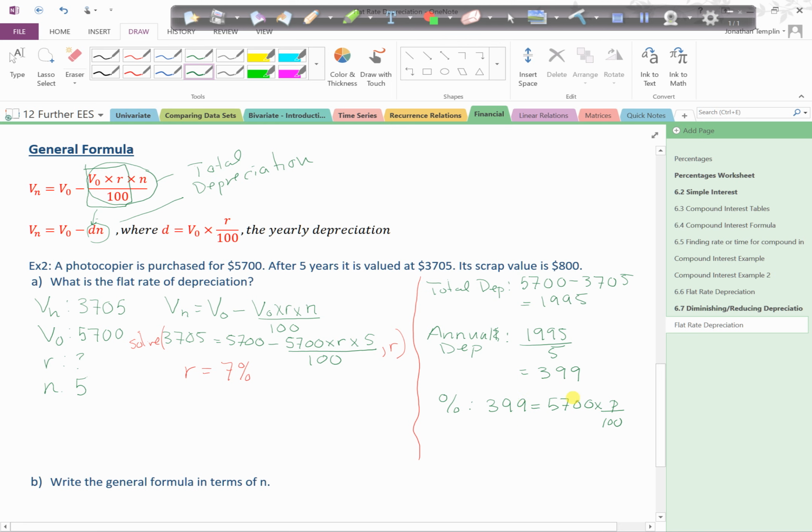So solving this equation, we would end up with P is equal to 399 over 5,700 times 100, which is also 7%. Okay, so no matter which way you work through it, you find that the rate was 7%.